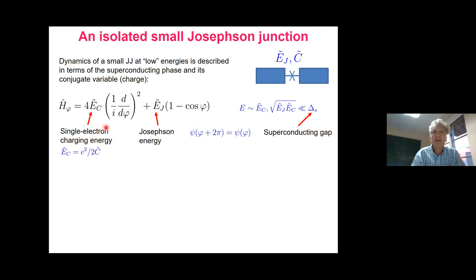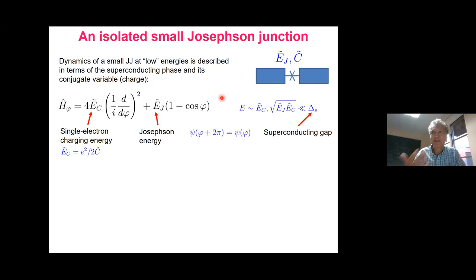The first term is the charging energy, and it corresponds to a certain number of Cooper pairs transferred, say, from left to right. So 1 over i d/dphi is the transferred charge, and this is nothing but the classical charging energy. E_C tilde is e squared over 2C tilde, where C tilde is the junction's capacitance.